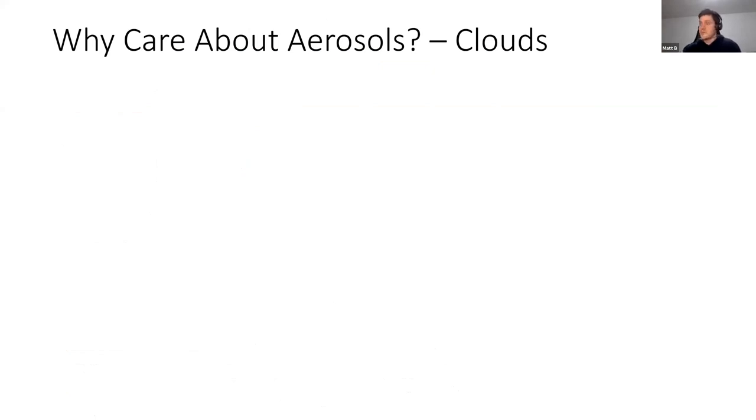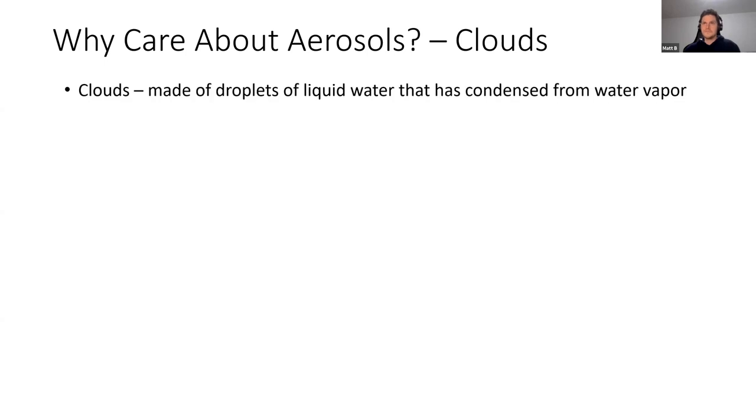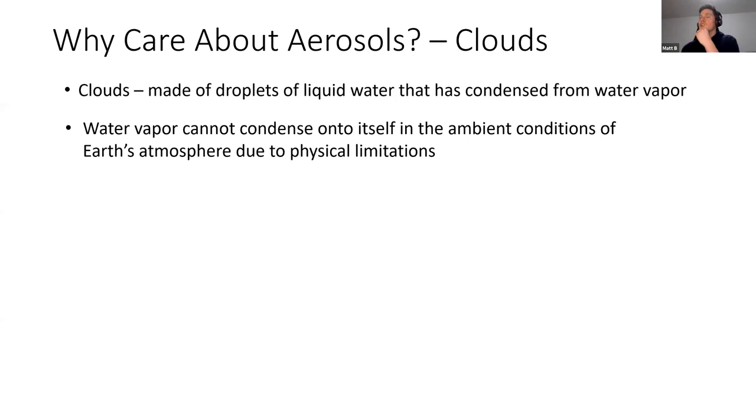All right, now the second reason why you should care about aerosols are clouds. Maybe you don't know this, maybe you do, but clouds are liquid water that is condensed in the atmosphere from water vapor. And under the way that our atmosphere is right now, there are thermodynamic limitations, or water cannot condense onto itself. It's just physically impossible due to the conditions of our atmosphere.